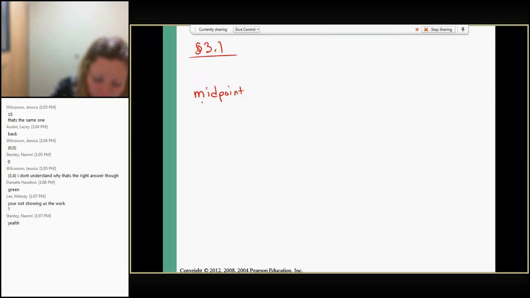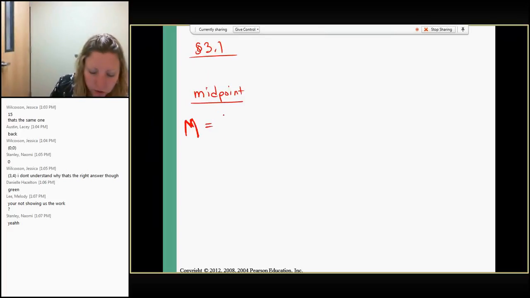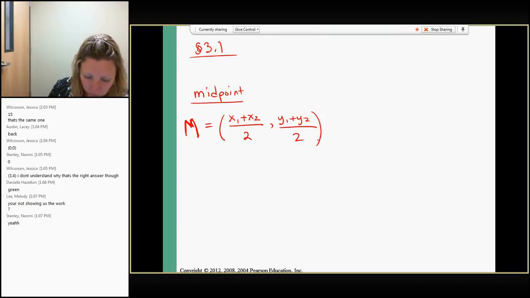And the midpoint formula is capital M, beautiful capital M, is equal to x1 plus x2 all divided by 2, comma, y1 plus y2 all divided by 2. Okay, so that was what you were supposed to have read yesterday.